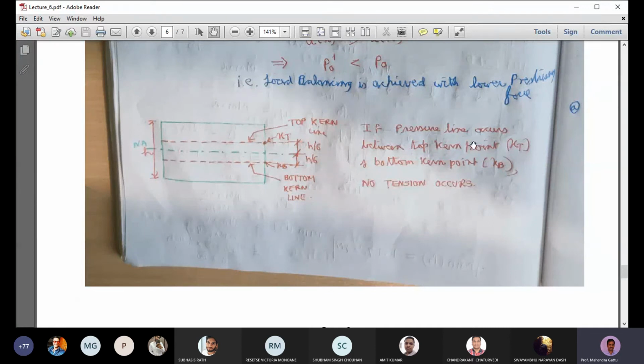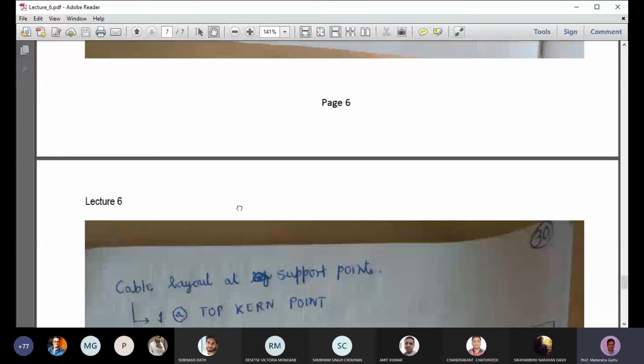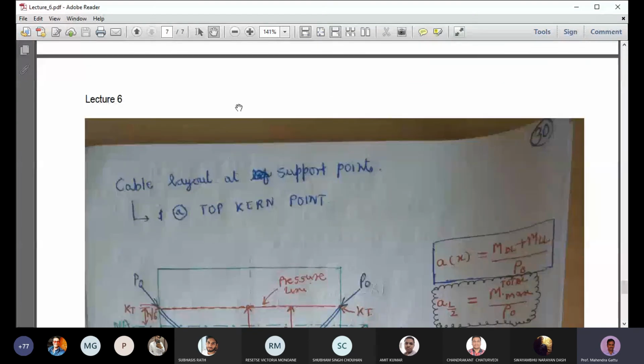So as long as the pressure line lies between the top kern point and the bottom kern point, no tension occurs. So when you lay out the cable, we should make sure that the pressure line lies between the top kern line and the bottom kern line. So we can lay out the cable below the bottom kern line, but the pressure line should be above it. Okay, so that is the main condition we have to see. So to do that, we will lay out the cable now.